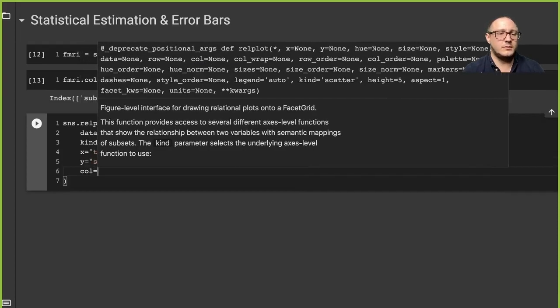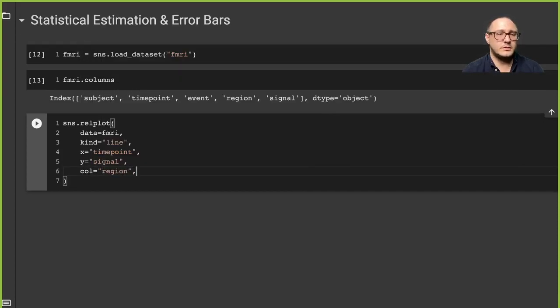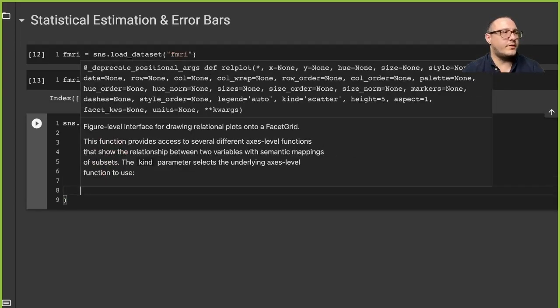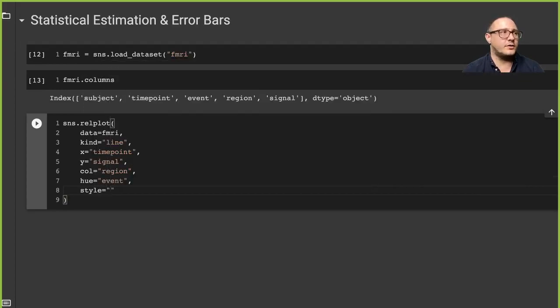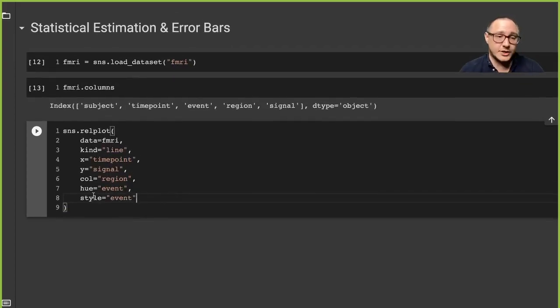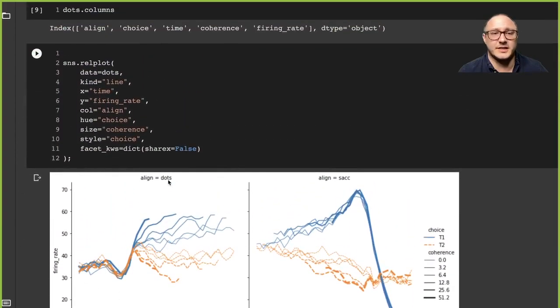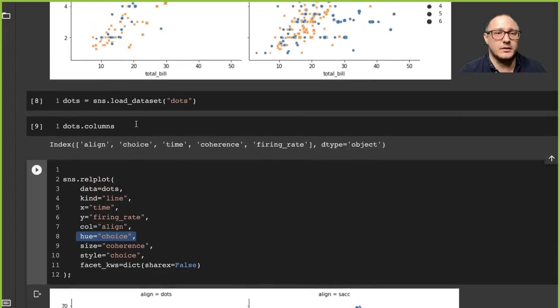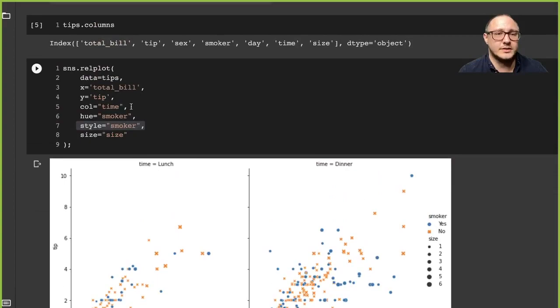Let's do our column. What do we want? We want region. And then hue is going to be event. And then style here is going to also be event. Now, a lot of times I have a tendency to match up hue and style, because hue and style are going to be the same.